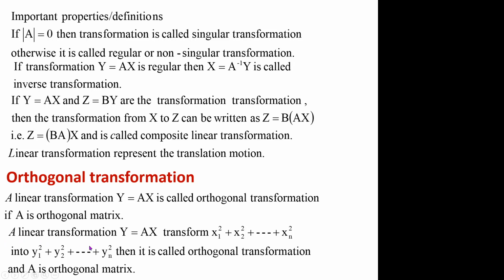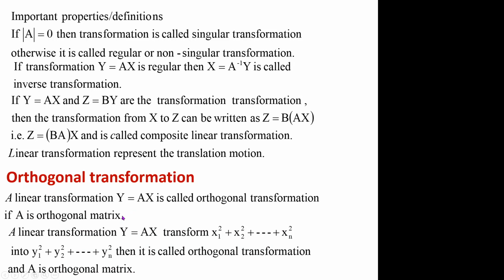A linear transformation y is equal to Ax that transforms x1 square plus x2 square plus up to xn square into y1 square plus y2 square plus up to yn square is called an orthogonal transformation, and in such a case, A is an orthogonal matrix. So any linear transformation where the matrix of transformation is orthogonal is called an orthogonal transformation.